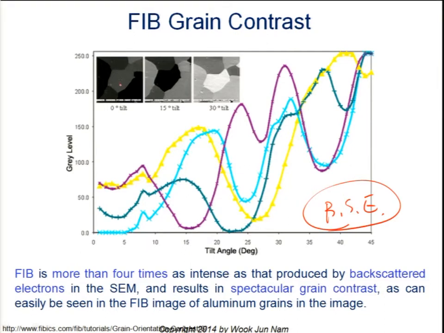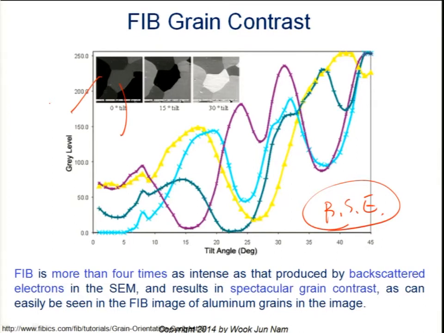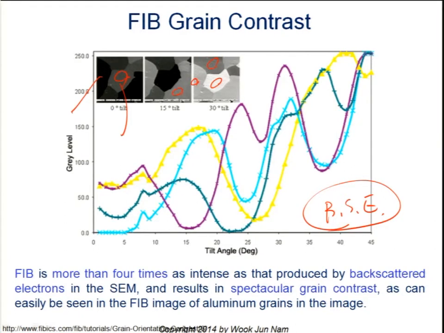That is, each grain has a different direction of the single crystalline structure. In one structure, the alignment of the atoms is much denser than in the other, and those different densities can produce different contrast.